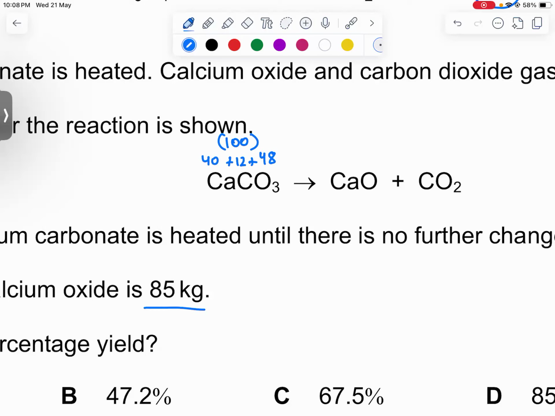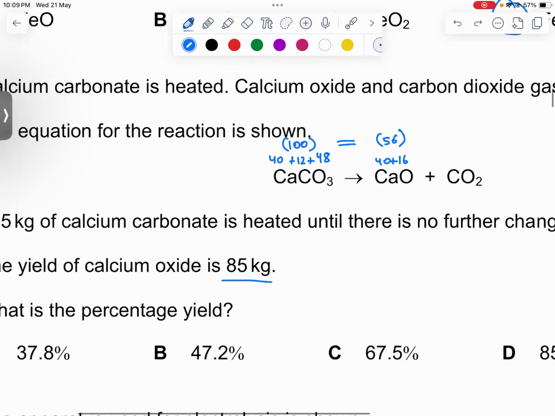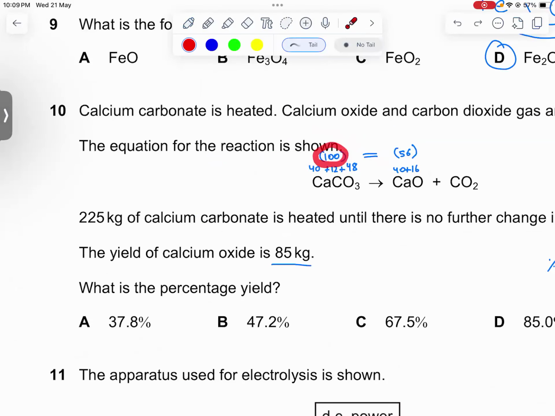It's 56, right? Because one calcium is 40 and one oxygen is 16, so 40 plus 16 is 56. So we say that 100 grams of calcium carbonate should have produced 56 grams of calcium oxide. Similarly, 100 kilograms of calcium carbonate should have produced 56 kilograms of calcium oxide.